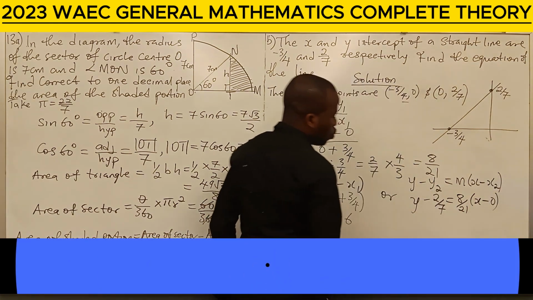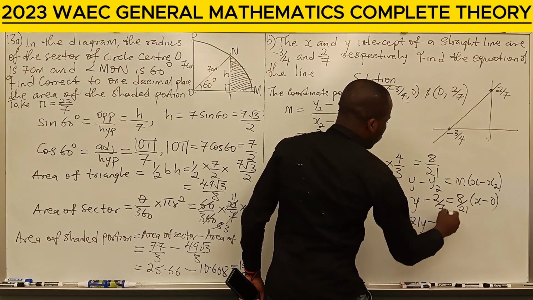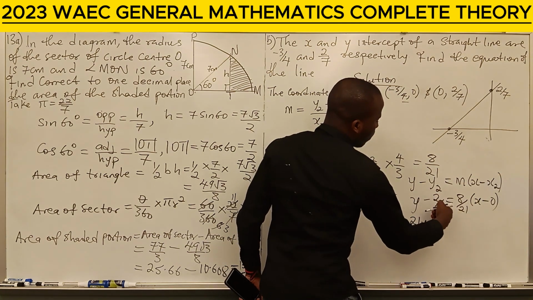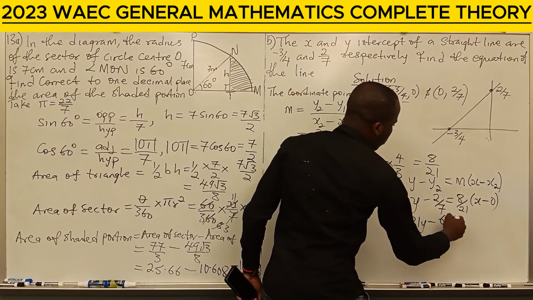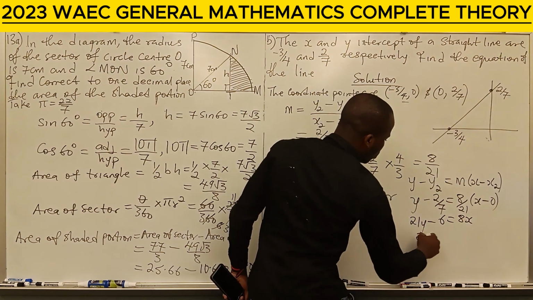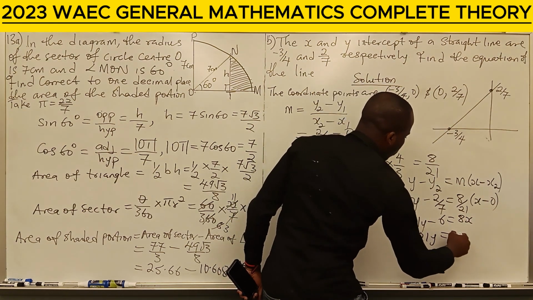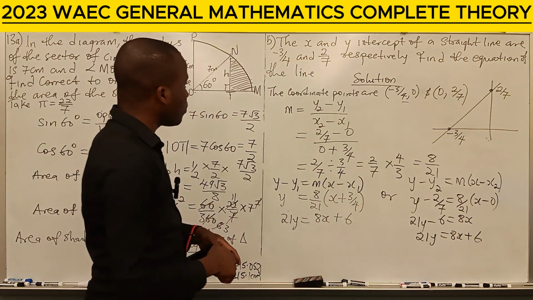Multiply through by 21, I will have 21y minus 21 divided by 7 is 3. 3 times 2 is 6. And this will be 8x. Take this right, 21y equals 8x plus 6. Yes, both of them are the same.